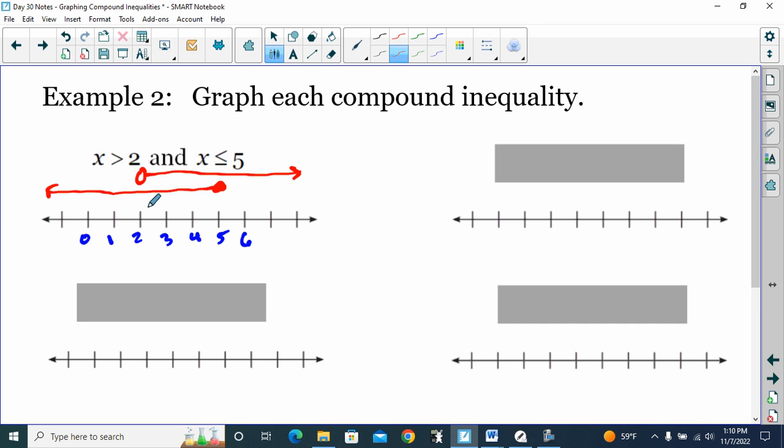So we're going to bring down our open circle. It's an open circle on 2 because the bottom one is true, but not the top. They're not both true at 2. They are both true at 5, so I bring down my closed circle. And everything in between is where they are both true.